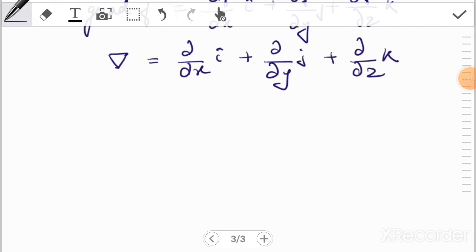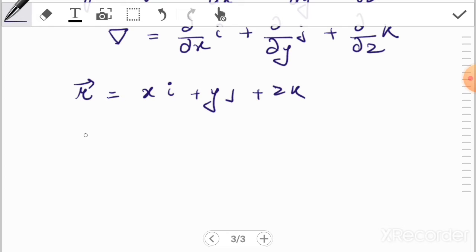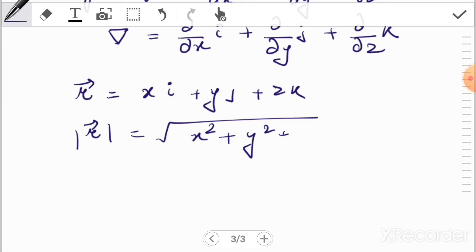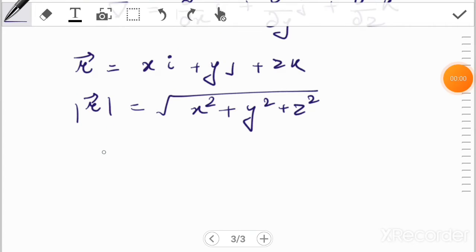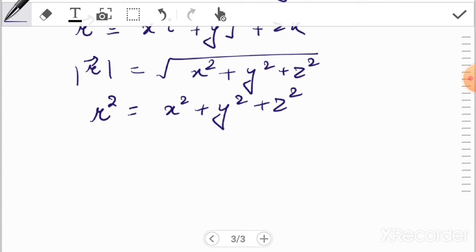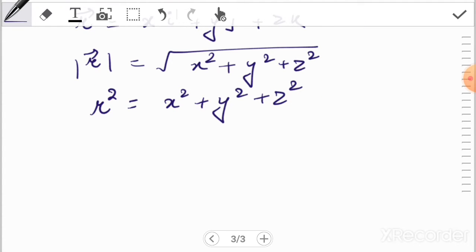So we know that the r vector, the position vector, is xi plus yj plus zk, and magnitude as square root of x square plus y square plus z square, and r square is x square plus y square plus z square. So let us find the gradient of this position vector.